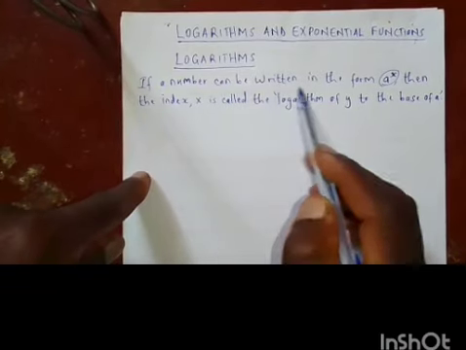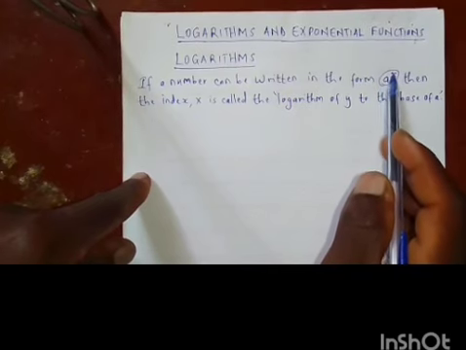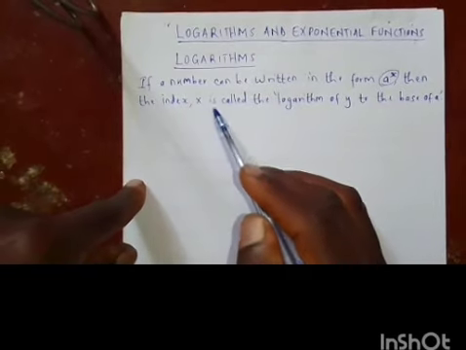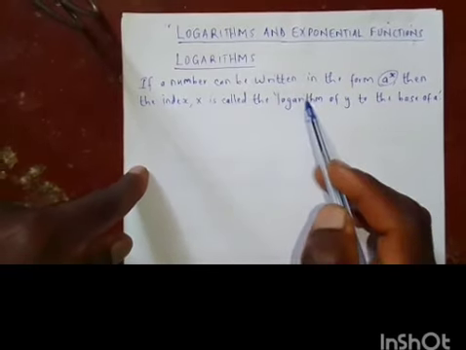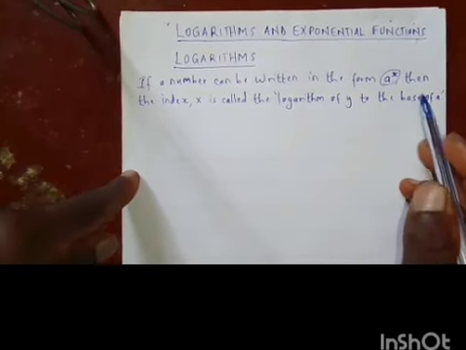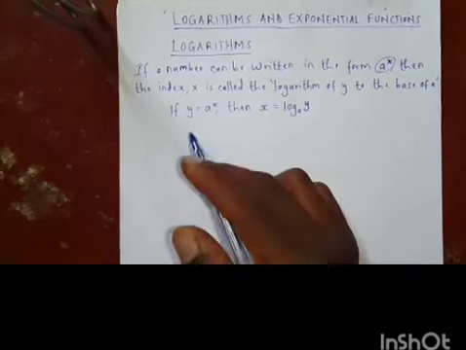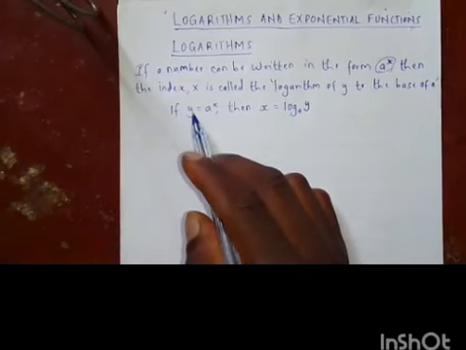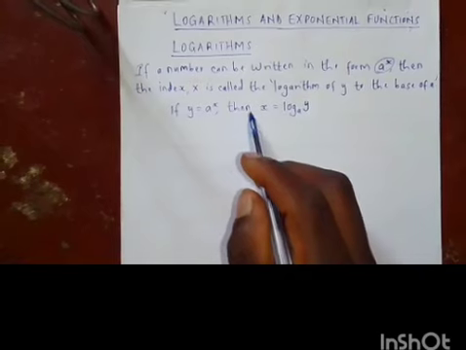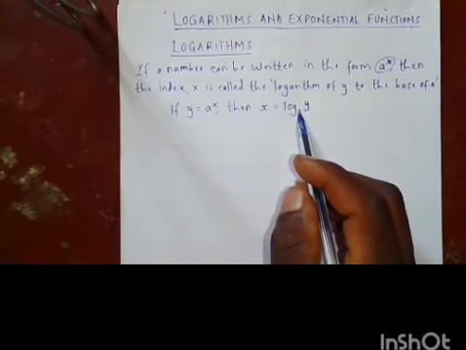If a number can be written in the form of a raised to the power of x, x is the index. So this index x is called the logarithm of y to the base of a. In other words, if y equals a to the power of x, then x equals the log of y to the base of a.